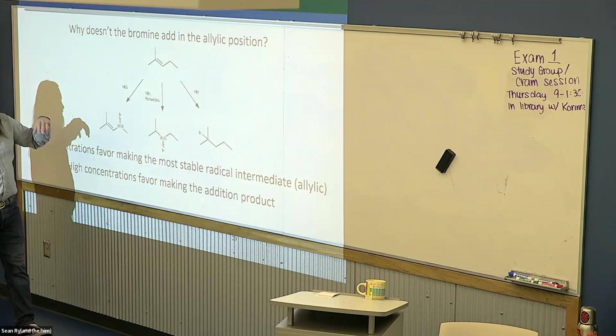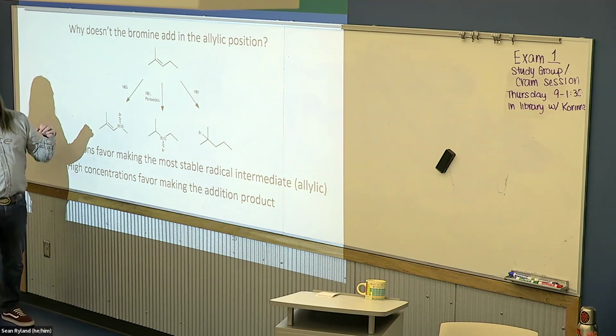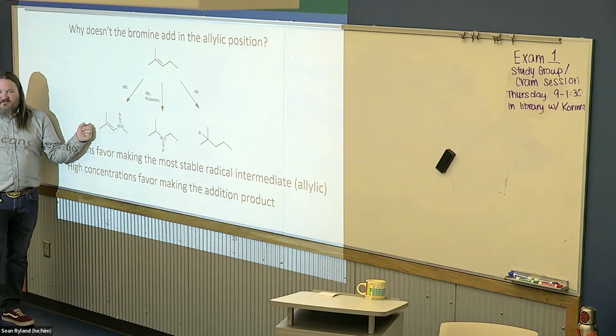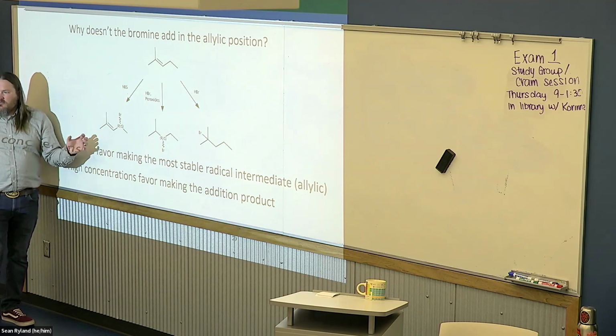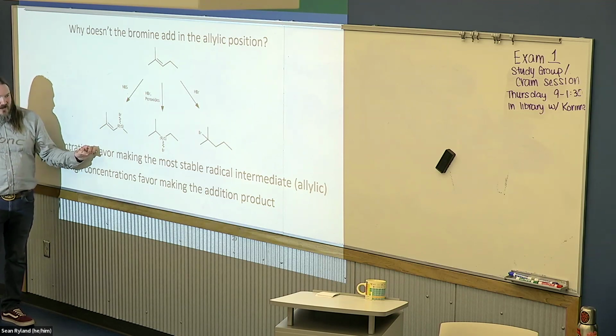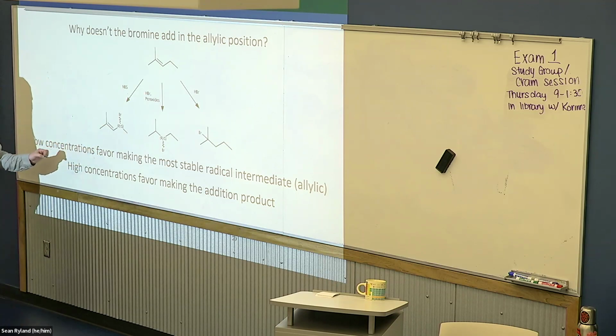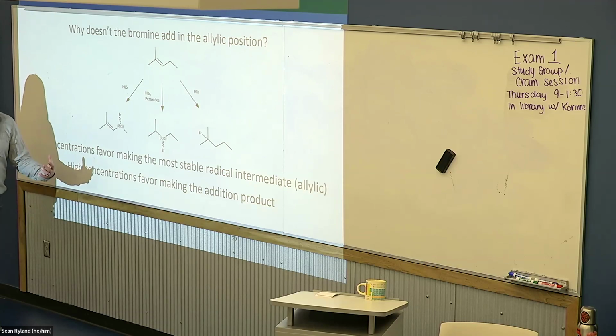Basically, because if it's lower concentrations, it's running into things less often, so there's more of a chance for it to run into something to get the more favored radical intermediate, the allylic one. But at higher concentrations, that's driving the reactions to happen faster, and you tend to see the addition because it's just going to bump into something and react faster.